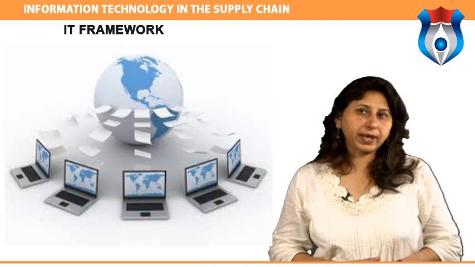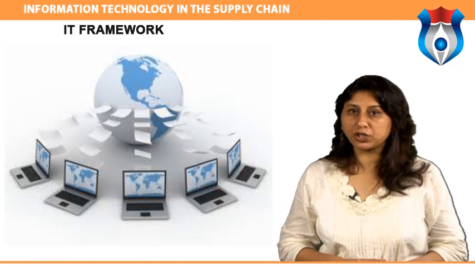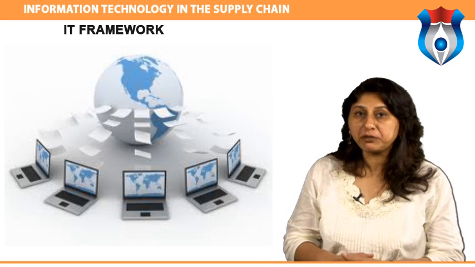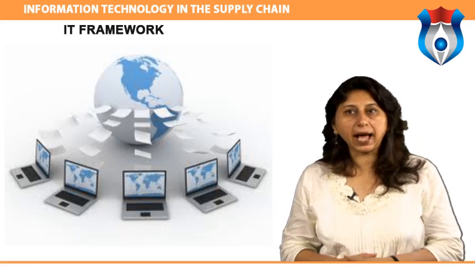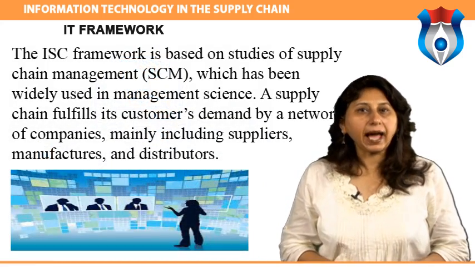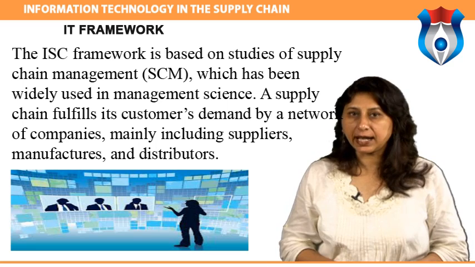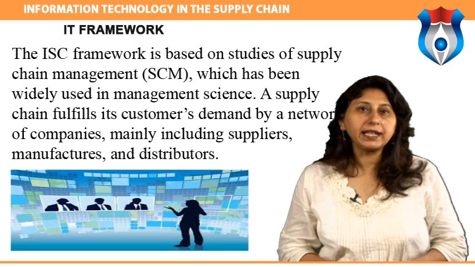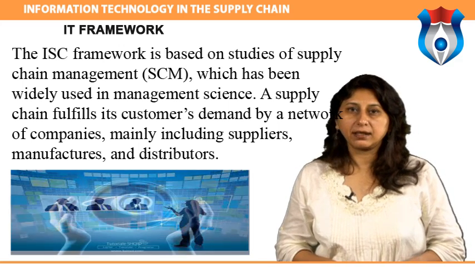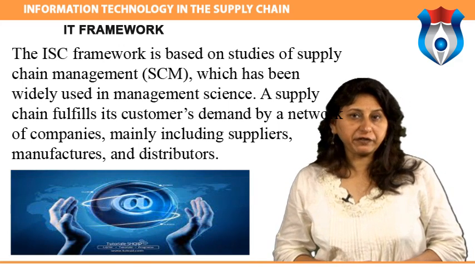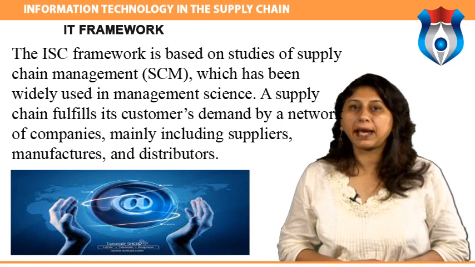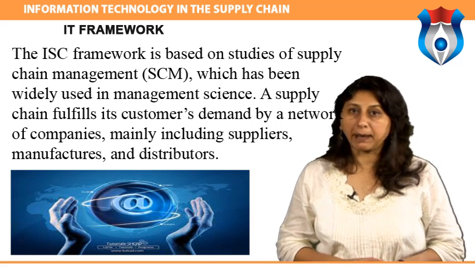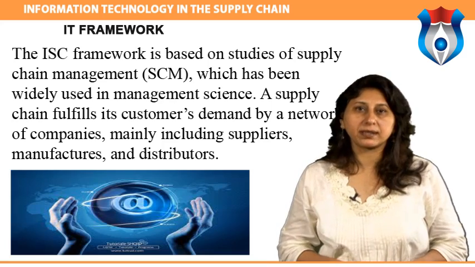To address those questions and achieve better information sharing results, we propose a framework called Information Supply Chain, or ISC. The ISC framework is based on studies of supply chain management, SCM, which has been widely used in management science. A supply chain fulfills its customers' demand by a network of companies, mainly including suppliers, manufacturers, and distributors.